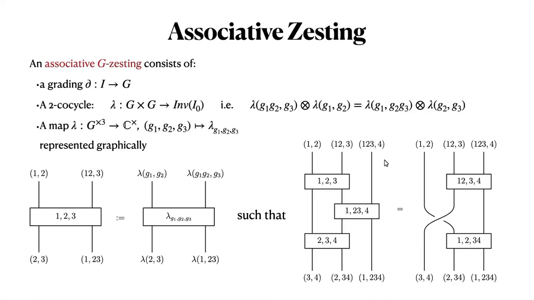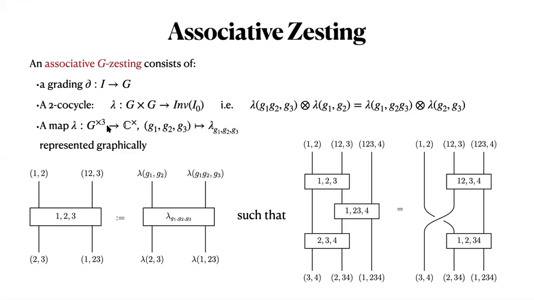So this is a constraint on the 2 cocycle. It's not a constraint on the 3 variable. Yeah, it uses both, because here when I am putting 1, 2, I mean lambda of G1, G2. So it's a mix. It's something that mixes this 2 cocycle with this 3 cochain. Oh, I see.